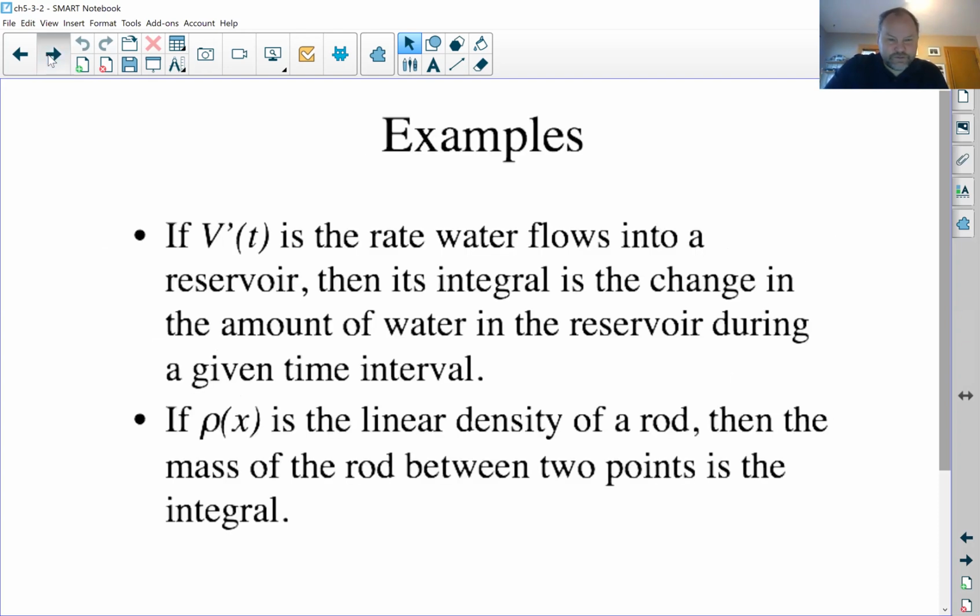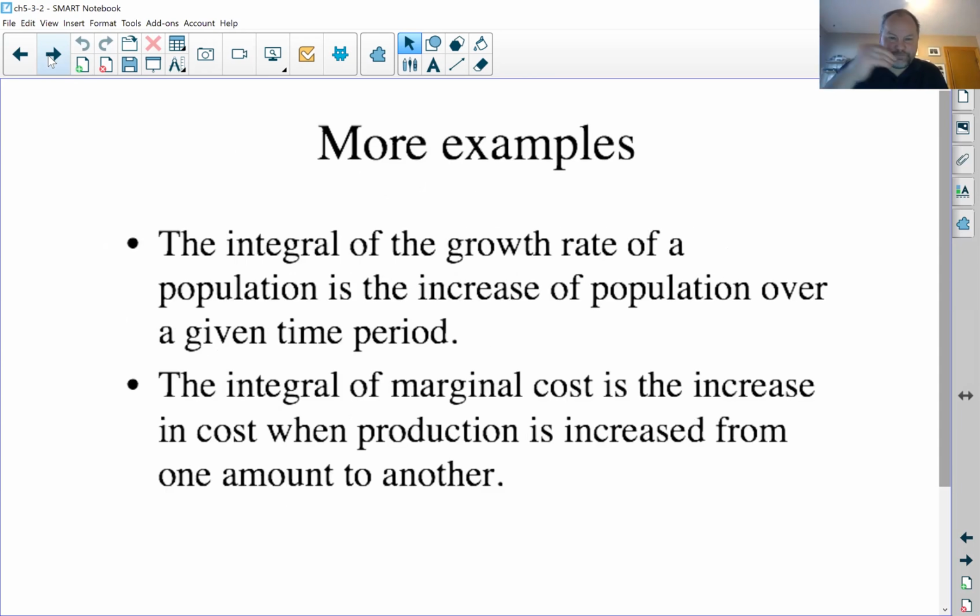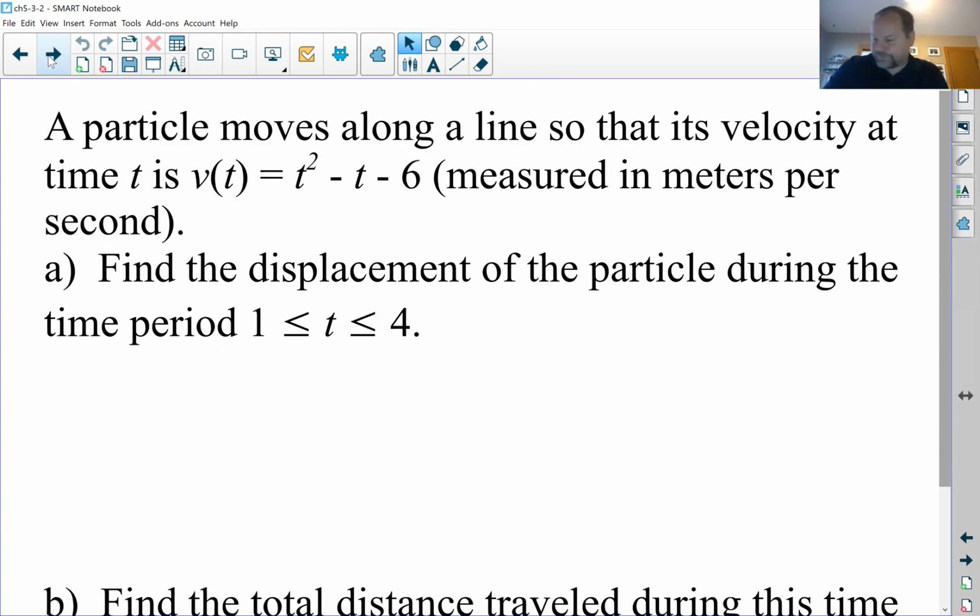So I'm going to actually just skip these examples. Basically, if you take the antiderivative or integral of this rate of change, it tells you this thing.